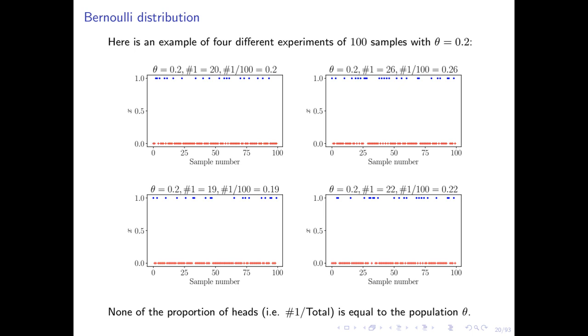So if I make theta equal to 0.2 in this case, in some cases we would get exactly 20% heads, but in some cases it might be 26%, in some cases 19%, in some cases 22%. So each experiment looks different.